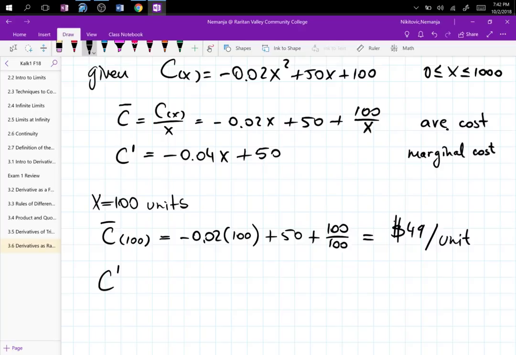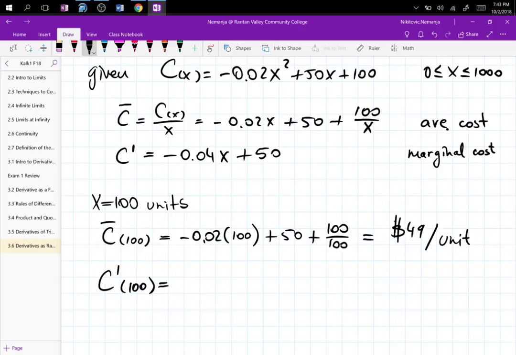So when I look for C prime of 100, I'm looking to find the price of the 100th unit. So nothing to do with 99th, 98th, or 57th, or 34th, nothing. It's exactly the cost to make that 100th marker. So 96, 97, 98, 99, 100. The price for this one.